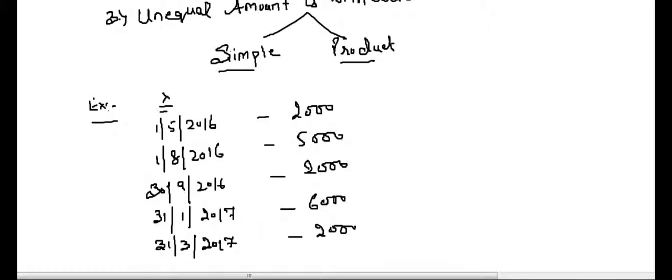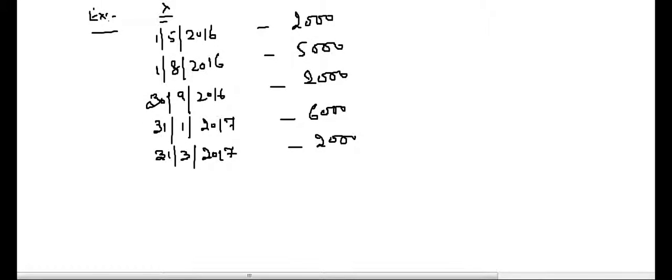Now we have to calculate interest on drawing using the simple and the product method, because the amounts are unequal and the intervals are unequal. The rate of interest is 15% per annum.